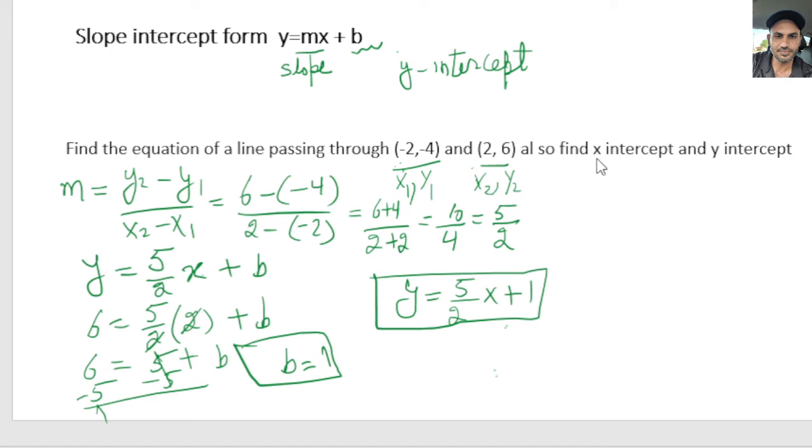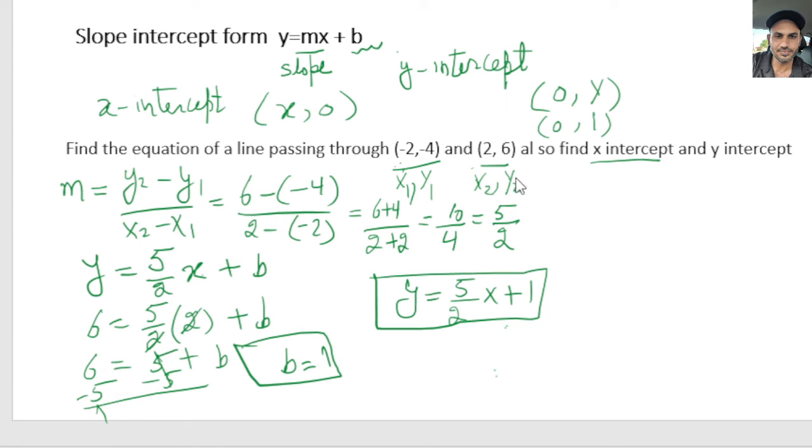Now to find the intercepts. For the y-intercept, we have this form where x is equal to 0 and we have some y value. So y was equal to 1 for our y-intercept. For the x-intercept, we have this ordered pair x comma 0.